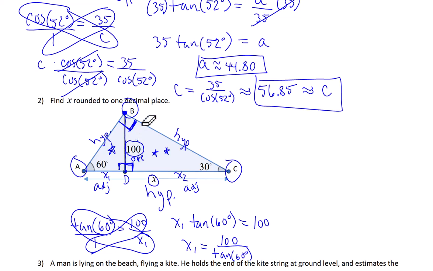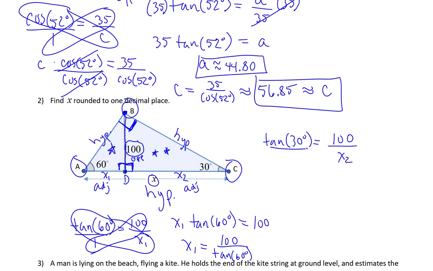So this is another case of using an opposite and an adjacent together, which means we're going to go with tangent again. So we'll say tangent of our angle 30 degrees equals opposite, across from 30 degrees, that's where our 100 is, over adjacent, right next to the 30 degrees, touching it, would be x sub 2. So we have tangent of 30 degrees equals 100 over x sub 2.